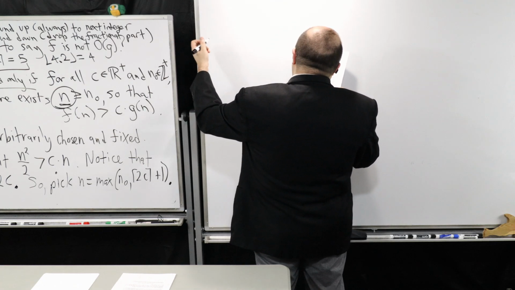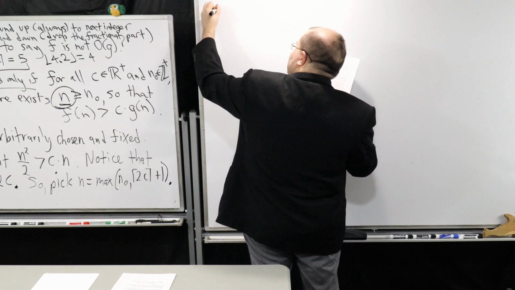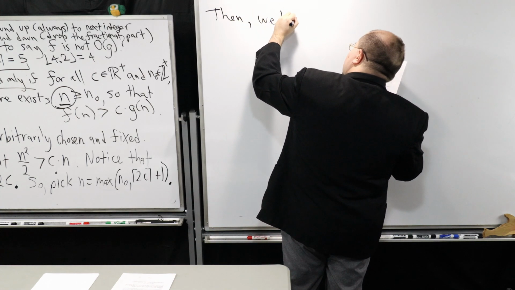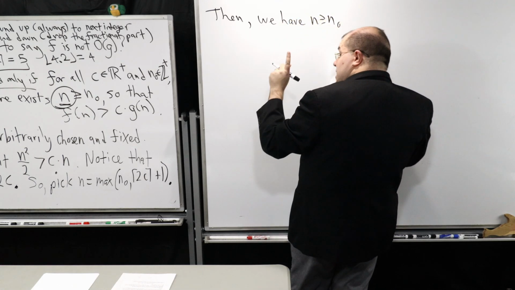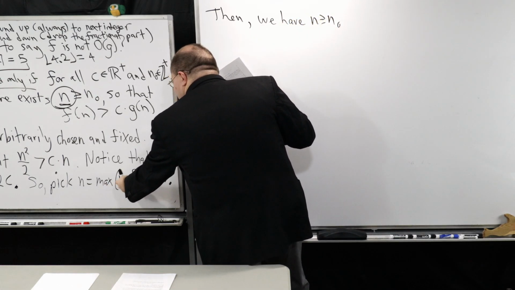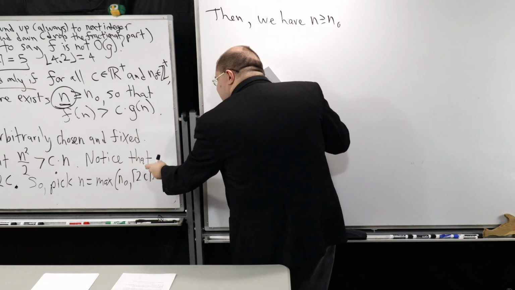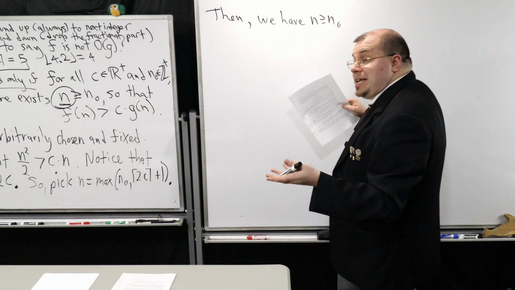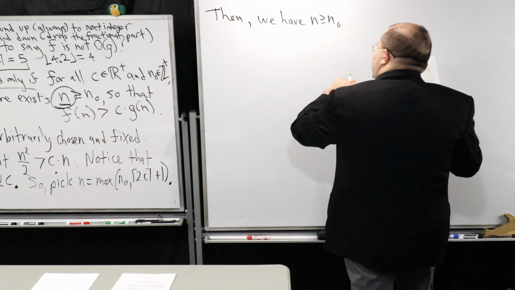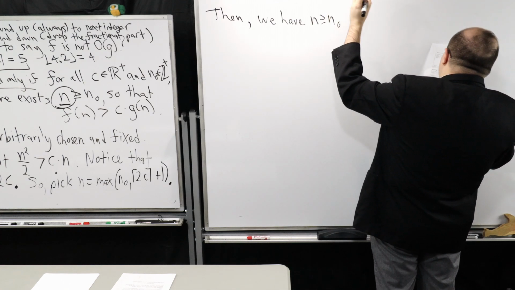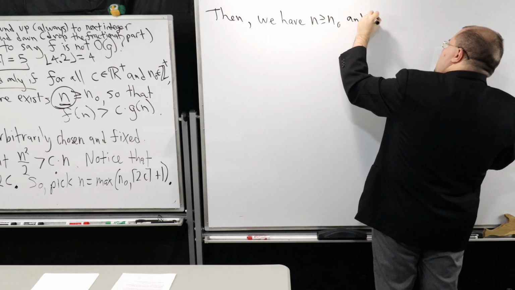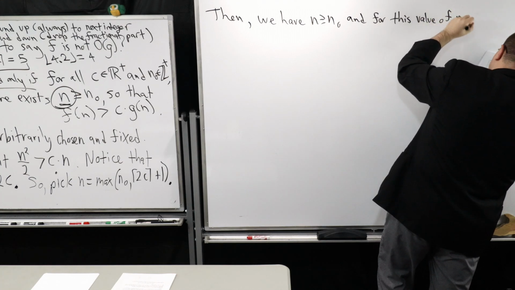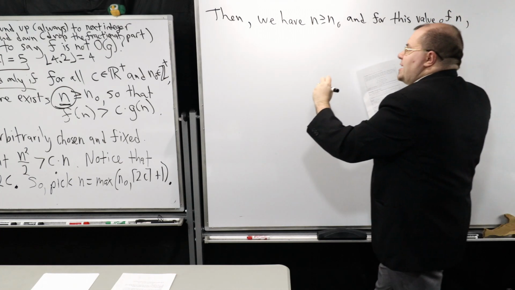But just in case, because usually it's a proof, you got to be careful the way you phrase this. Then we have n greater or equal to n0, which is true because of the max function. This will guarantee that if n0 is larger than the ceiling of 2 times c plus 1, then you most certainly will make sure that n is big enough, such that n is at least n0. And for this value of n, the inequality is satisfied.